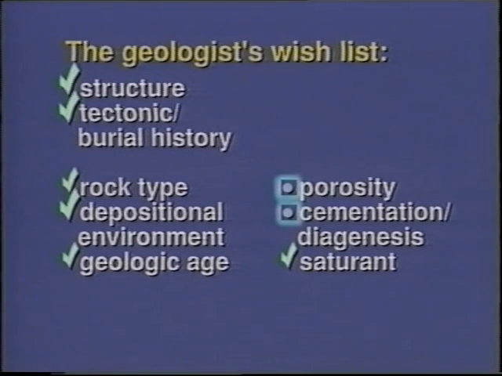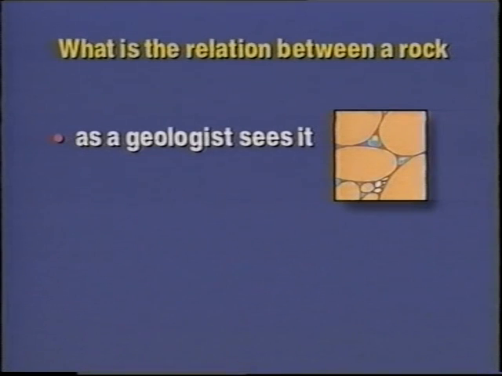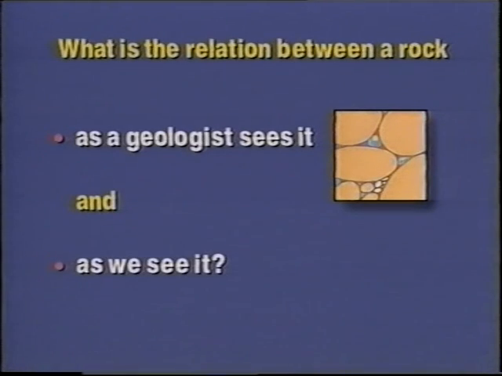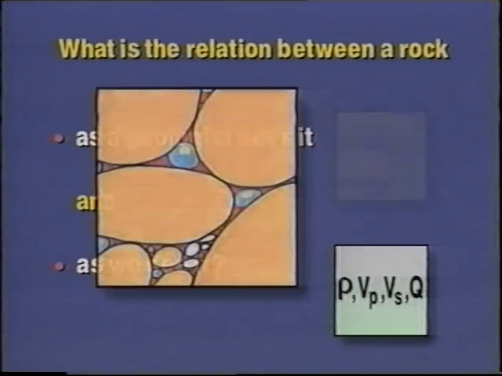For which we must return to a matter we broached in GP202. What is the relation between a rock as a geologist sees it, for example in thin section, and a rock as we see it, that is, as a substance having a density, a compressional velocity, a shear velocity, and a Q? The density, as we have agreed before, is easy.